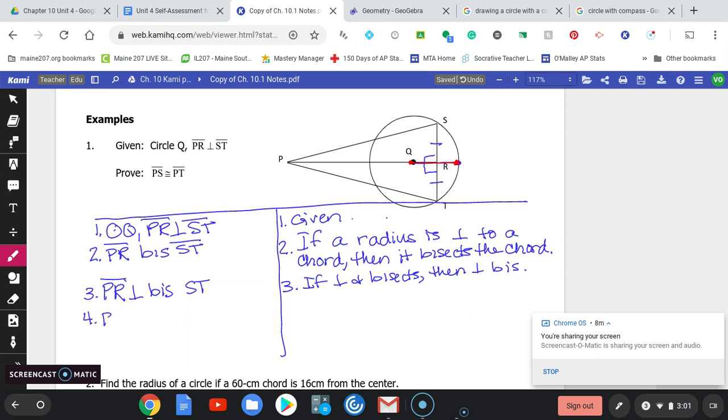And now using my equidistance theorem, so remember I told you before these are powerful because they save us a lot of steps in proofs. I don't have to get these two triangles congruent.